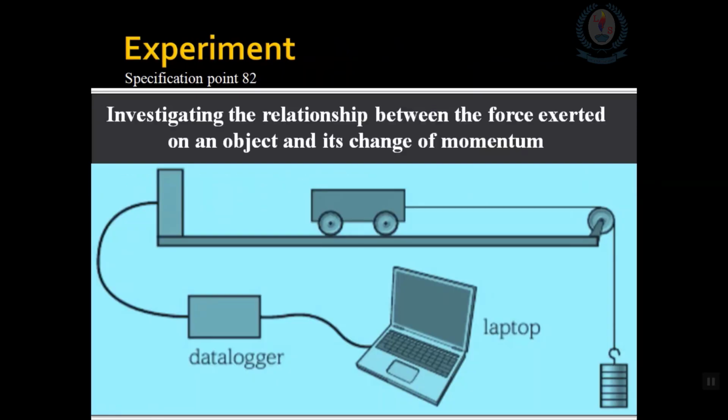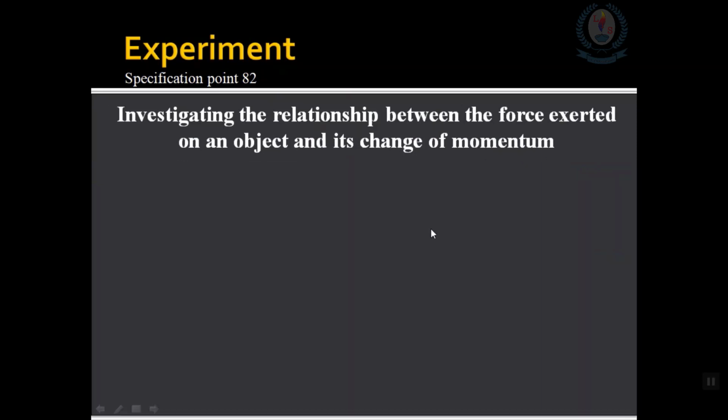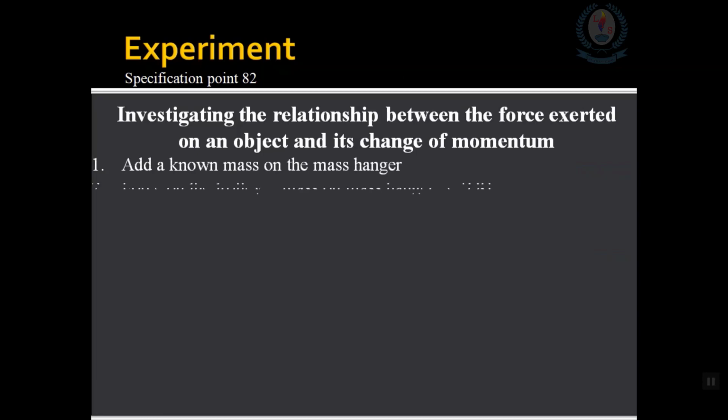Right. So as I said earlier, now we will be looking at an investigation: the relationship between force exerted on an object and its change of momentum. Right. So these are the steps. First of all, we add a known mass on the mass hanger.